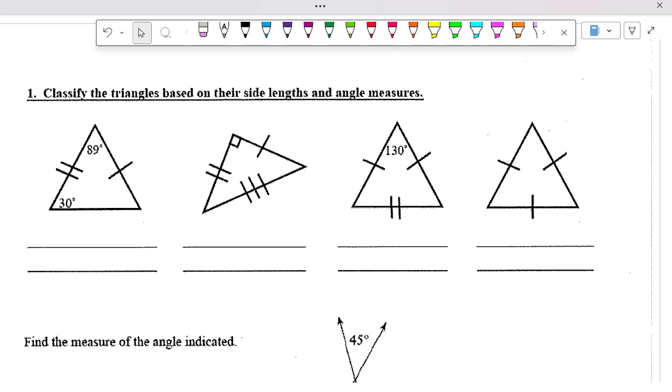So real quickly, add up 30 and 89, subtract from 180, and see what this angle measure actually is. It's 119. Does that help a little bit with classifying what type of triangle it is? If we classify it by the angles, is it acute, obtuse, or right? It's obtuse because it has that one obtuse angle.